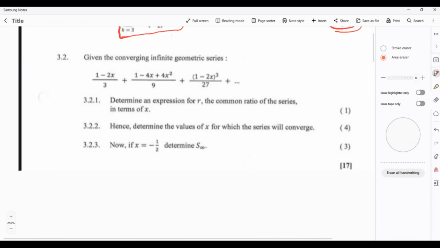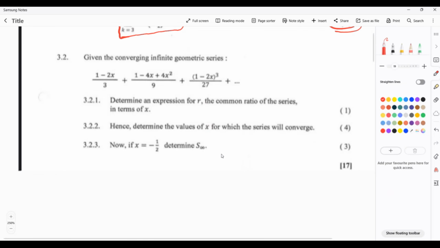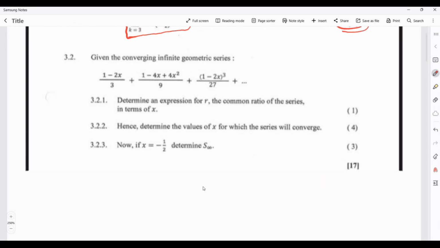Now what you're going to simply do is work this one out. To determine r, r is equal to T2 divided by T1. So this is what we're going to work with.